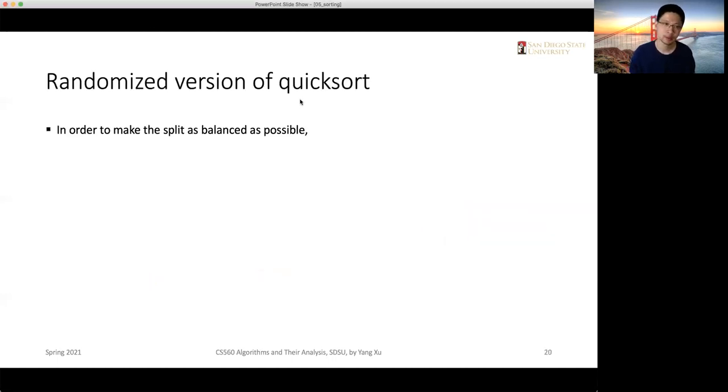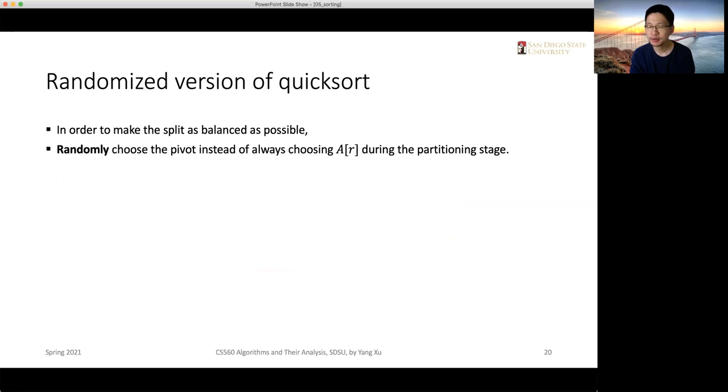It's called a randomized version of quicksort. The idea is also very straightforward. In order to make the splits balanced, we simply need to introduce some randomness. We want to randomly choose the pivots instead of always choosing the last element.